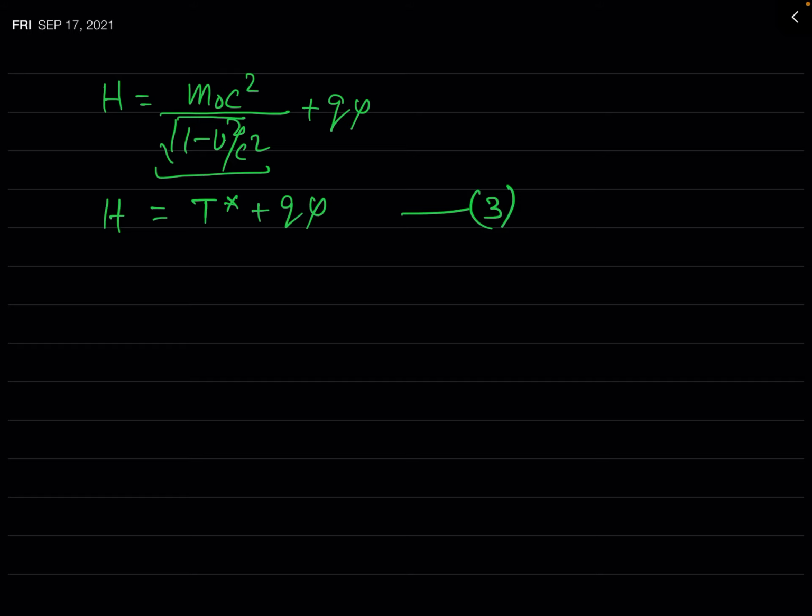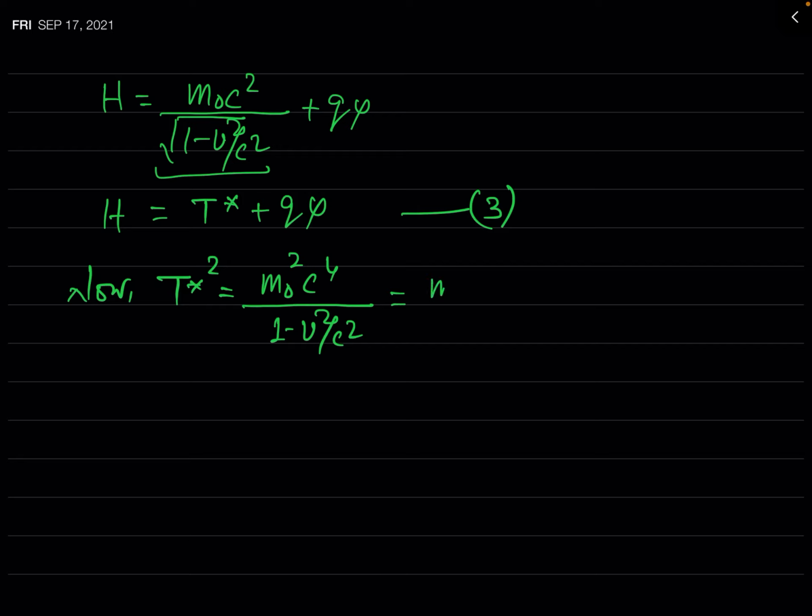Now our aim is actually to find this T star in a particular fashion. You can see now this T star square, what will it be? Since T star is m naught c square over this much, T star square will be m naught square c4 over 1 minus v square by c square.